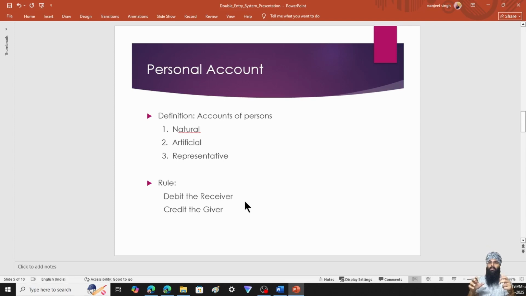For example, an outstanding salary of 10 people. Rather than creating 10 accounts, one for each person, we group them into a single account, which we call the representative personal account. And the rule of a personal account is: debit the receiver and credit the giver.